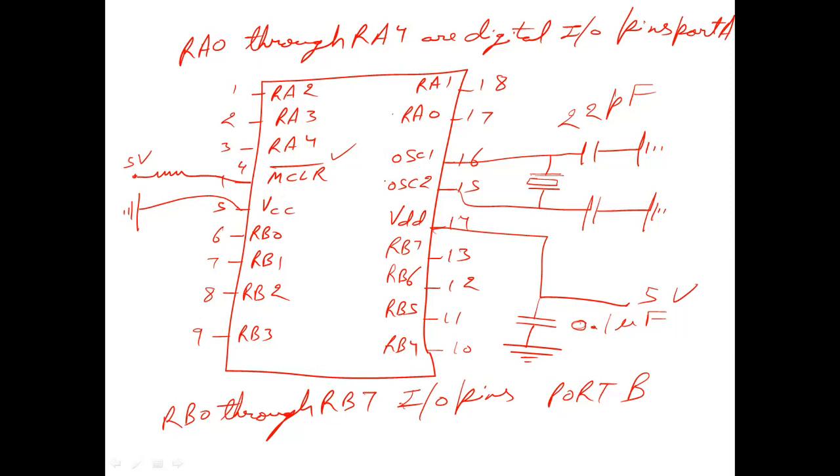So one can design a reset switch to handle this pin 4, which is MCLR. So one way of handling it can be that here we have this pin number 4, which is MCLR, like this, and we are connecting it to 5 volt, of course, through a resistance, right?